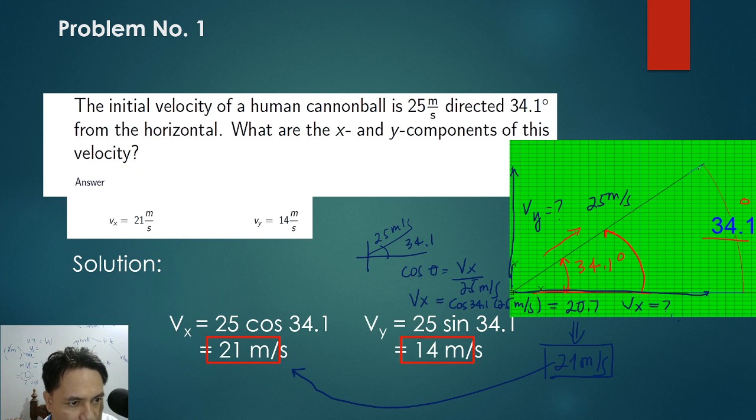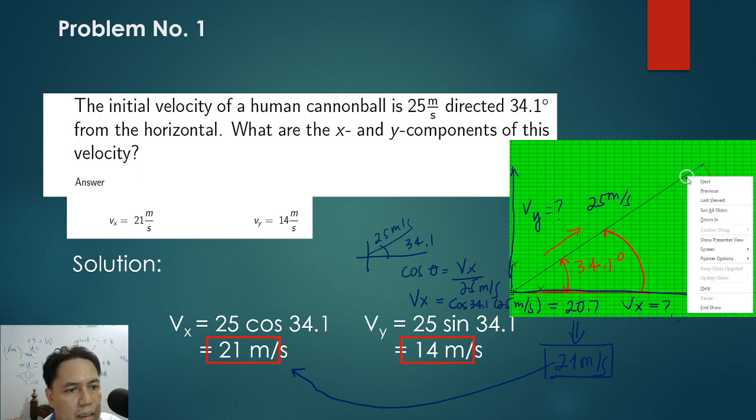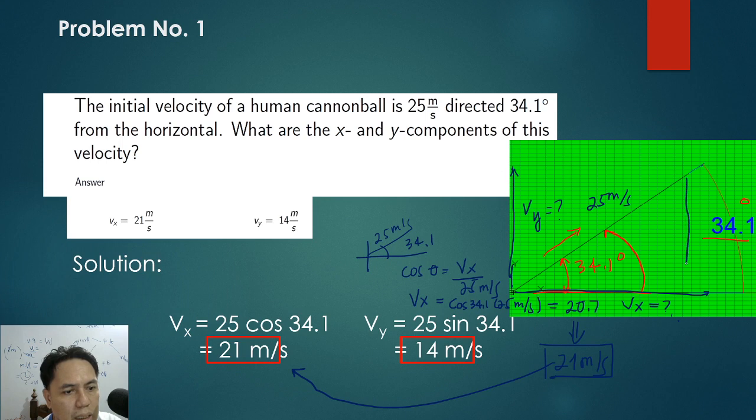So this vector is going to the right side, and then this is going upward. So this is the resultant, and the resultant is basically the 25 meters per second. We are asked to find this. Now, how do we compute that?